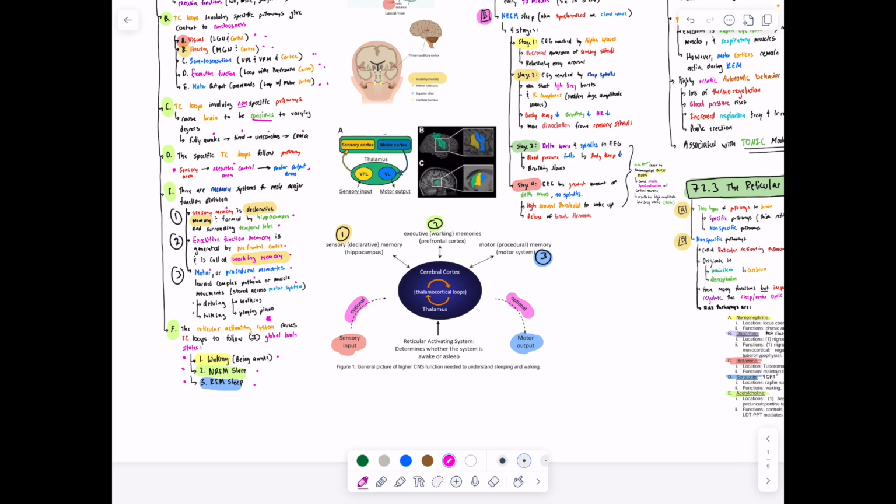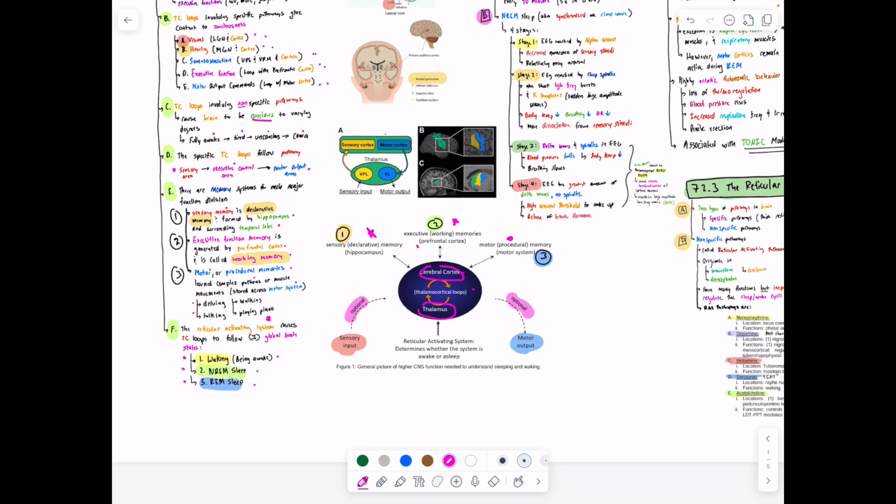All right, this is just a quick diagram saying between the thalamus and the cortex you have these thalamocortical loops, and then you have back and forth. You have sensory memory being formed in the hippocampus, executive memory, executive decision making, planning, that's the prefrontal cortex, being stored there, and then motor or procedural memory being stored in the motor system.